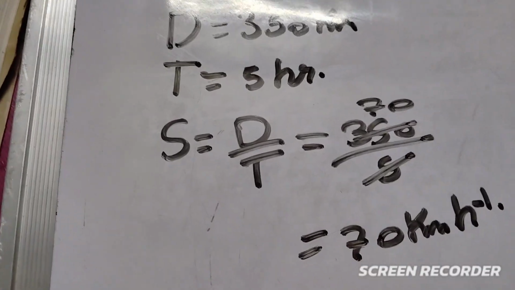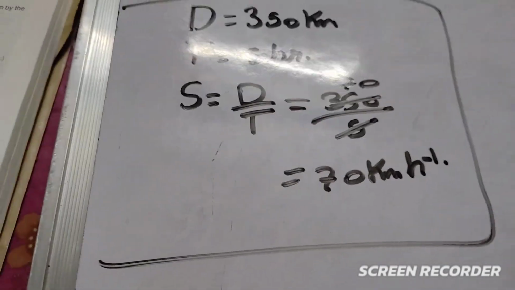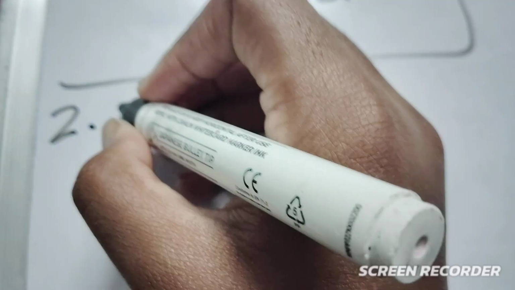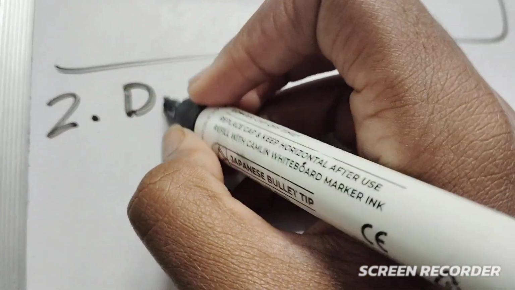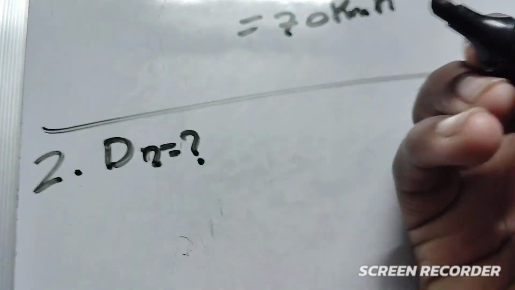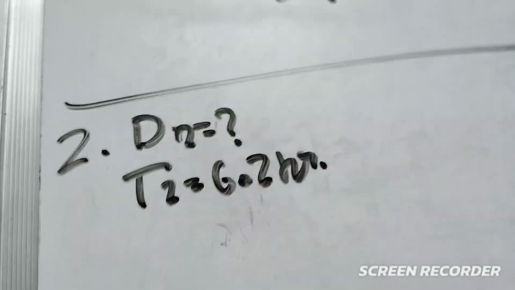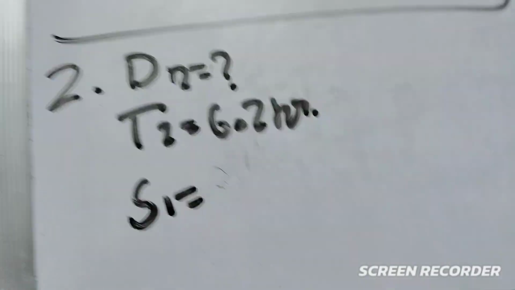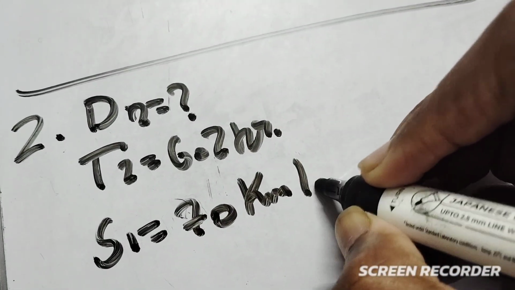The distance covered by Rohit in 6.2 hours. So the next term, one term is correct and the second one we will do. Okay, so here it is asking d2, that is not given. t2 is given, that is 6.2 hours, and speed 1 will be, because the speed is given, 70 kilometer per hour.